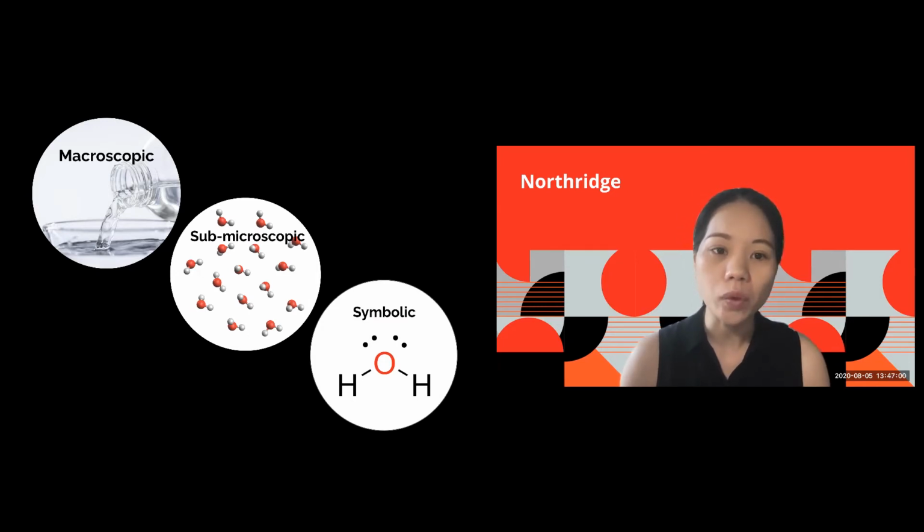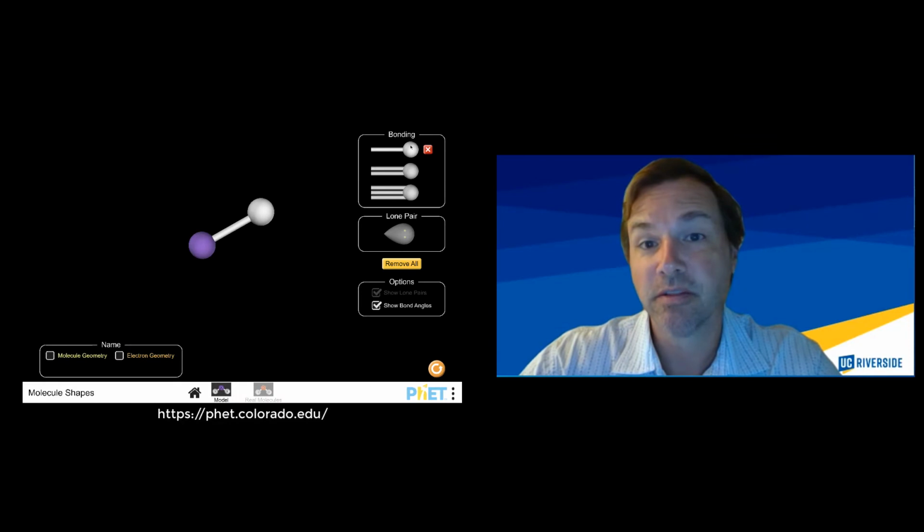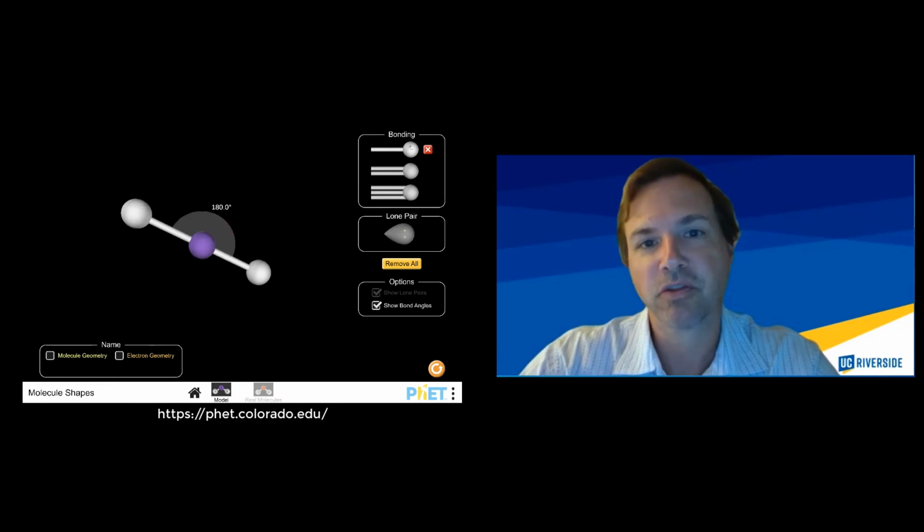Students experience the world around them at the macroscopic level, but introductory chemistry is largely taught at the submicroscopic and symbolic levels. Therefore, integrating and relating the three levels is very important for students to understand chemistry. Online simulations are beginning to find wider use in chemistry classrooms to support traditional instruction.